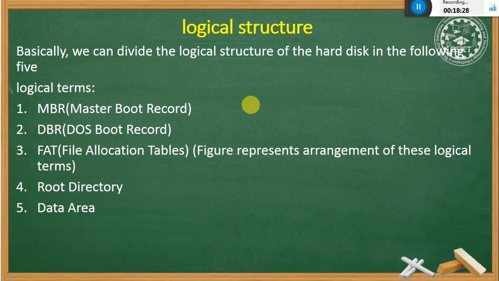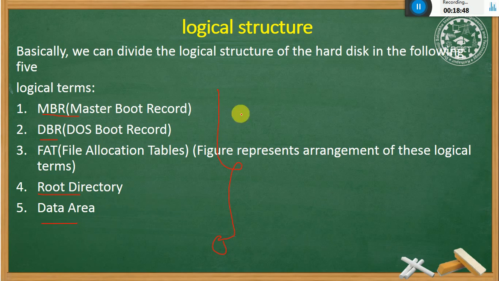Basically a logical structure of your disk contains 5 important things. First is MBR, master boot record, then DBR, DOS boot record, then FAT, file allocation table, fourth root directory and data area.